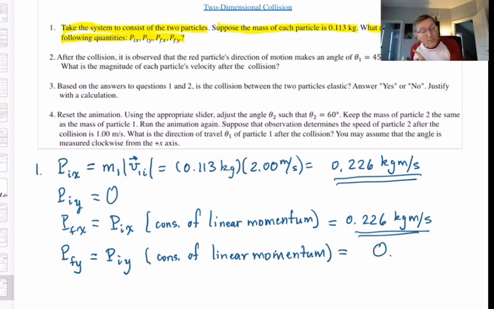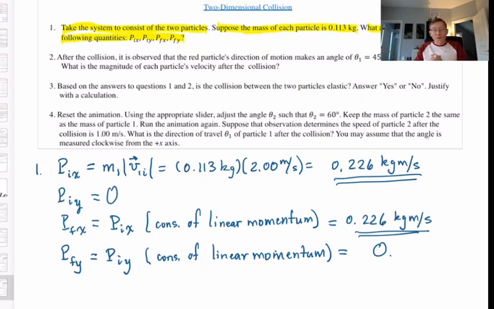Even though after the motion, after the collision, I should say, both particles are moving, and they're moving off at angles relative to plus x, so they both have y momenta, the total y momentum of the system has got to be 0. That's a severe constraint on the motion, as we will see.